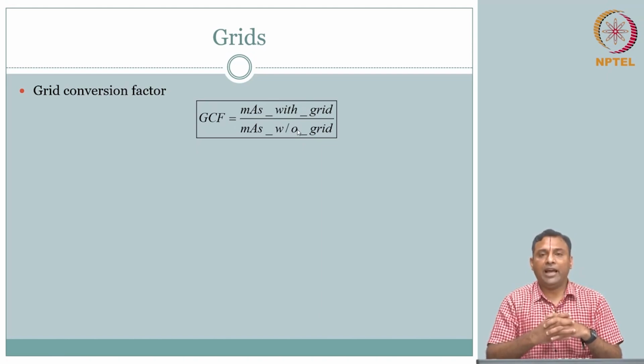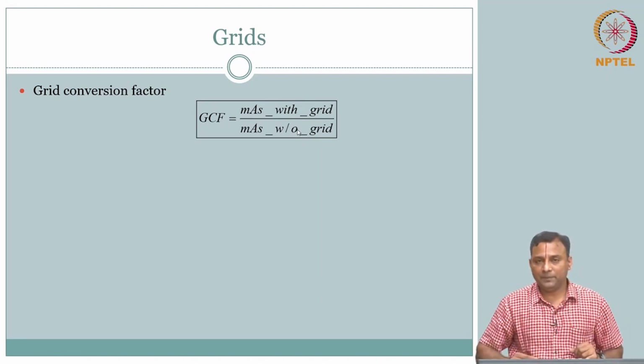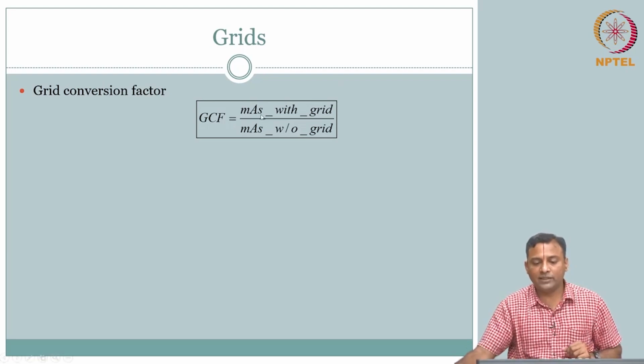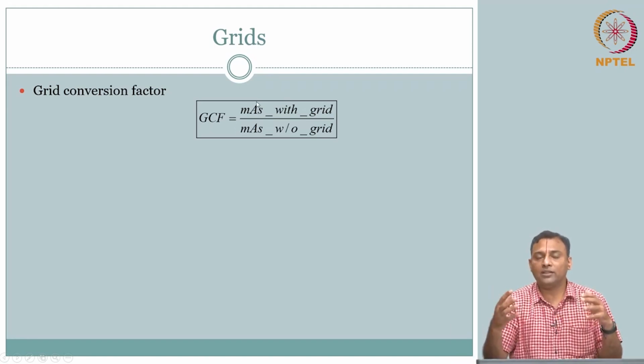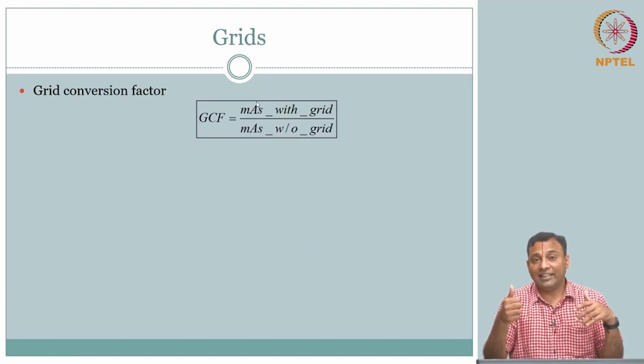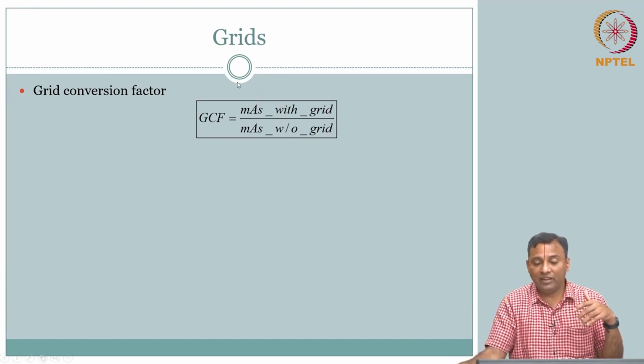If I don't have a grid, I have some exposure without grid, so there is some n number of photons coming. But then the scattering is also high. If I have a grid, your scattering is low. So, what do you think this ratio is going to be?